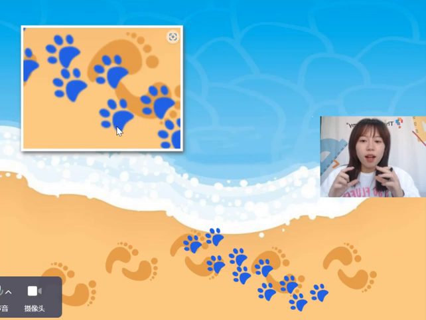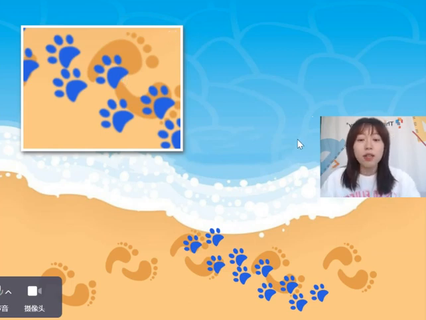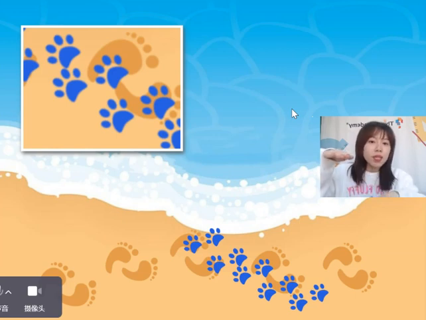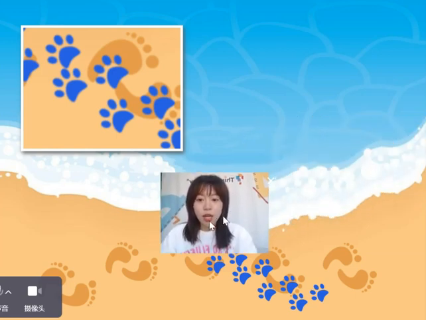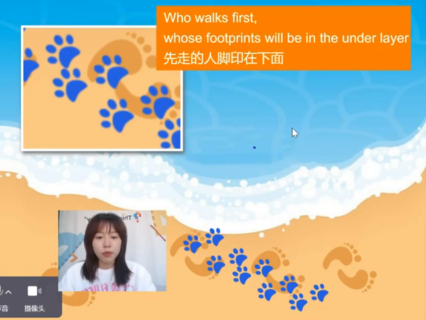If I enlarge it, can you find whose footprint is on the top and whose is on the below position? Who walked first? Whose footprint is going to be lower, on the under position? So here is the rule: who walks first, their footprints will be in the under layer.